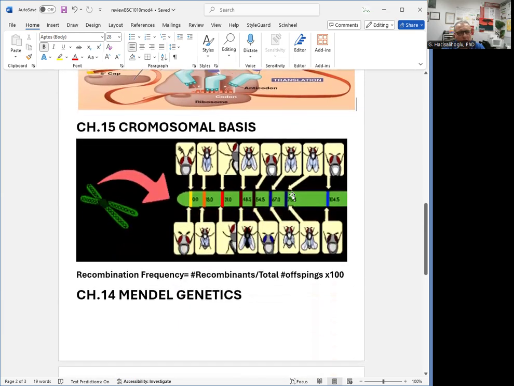Chapter 15 is the chromosomal basis of inheritance, which is about chromosomes and a lot of non-Mendelian genetics for inheritance, including multiple alleles and also polygenic inheritance. Specifically, it's about chromosomes, and the fruit fly, Drosophila, is the main model system here in chapter 15.